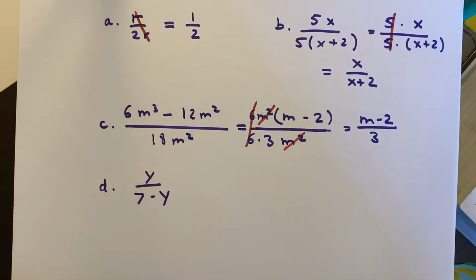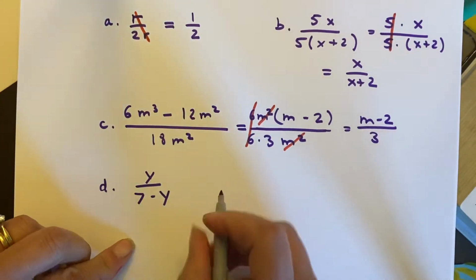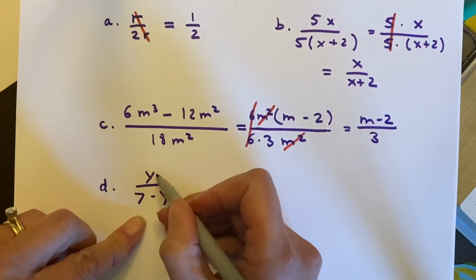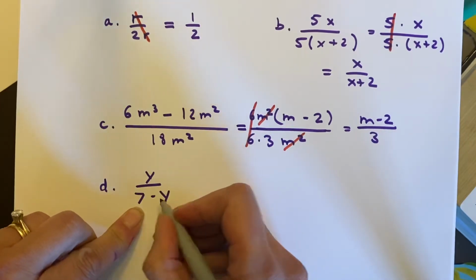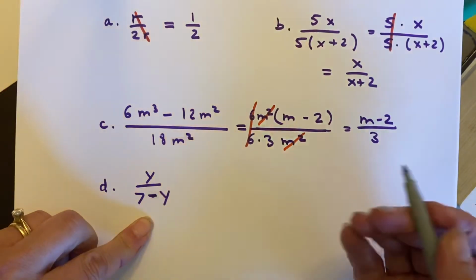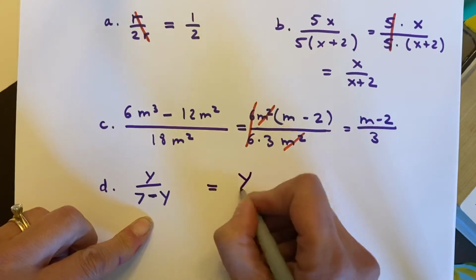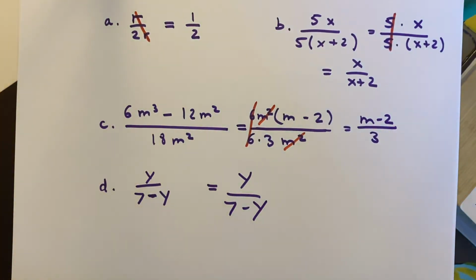In fact, I know I'm going to see this on a homework, so I'm praying you're watching this video, because you can't do that. You have to leave it as it is, and the reason you can't is if this were 7 times y, absolutely, but it's 7 minus y, and because of that, you can't do any canceling. So your answer is y over 7 minus y. In other words, you can't reduce. It's as reduced as it can get.